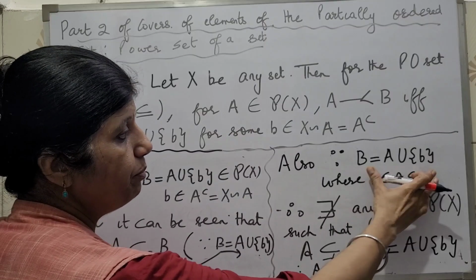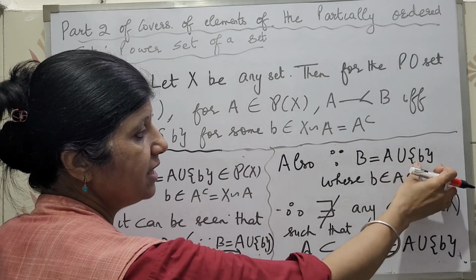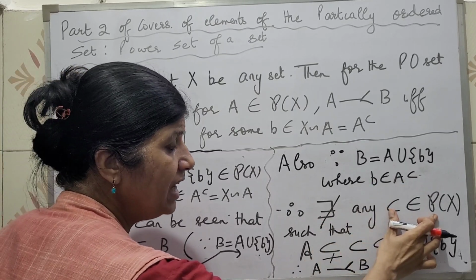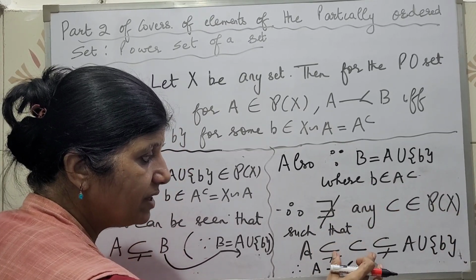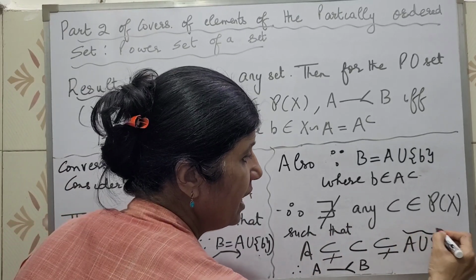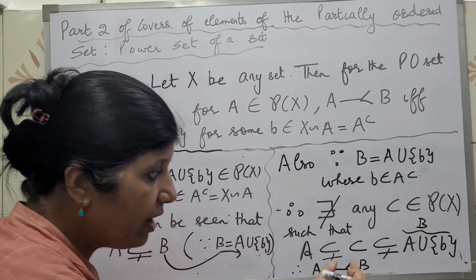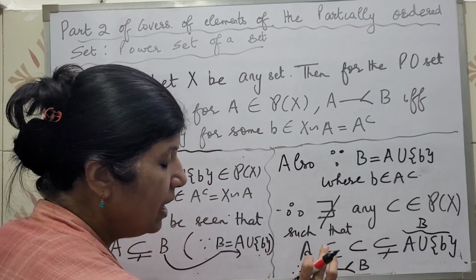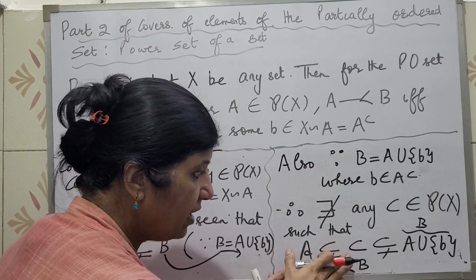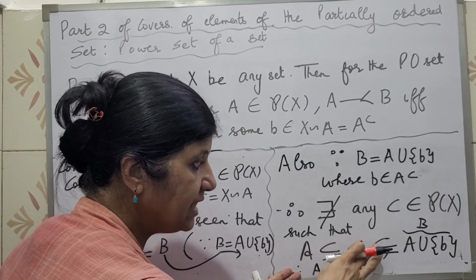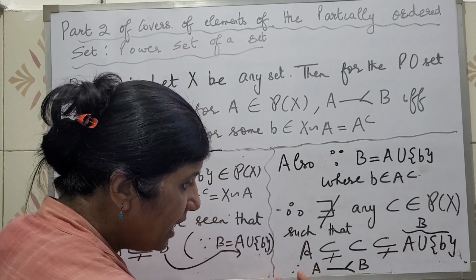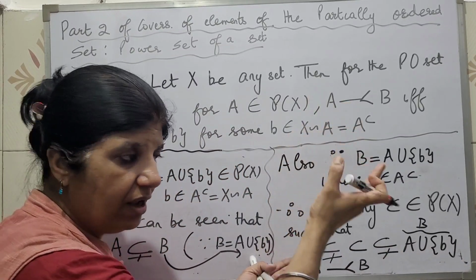Also we can see, because B is of the form A union singleton {b}, where b is an element coming from A complement, you cannot have any element C belonging to the power set of X lying properly in between A and B. That is, you cannot have that A is contained in C and not equal to C, and C is contained in B and not equal to B, because the element which is just bigger than A is this.